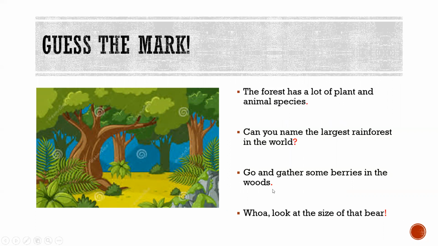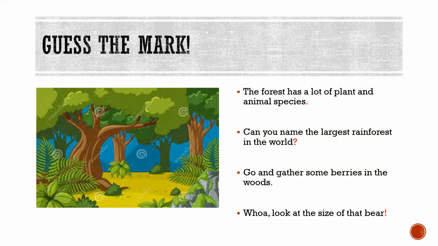The third one is a requesting statement or a command, right? Go and gather some berries in the woods. If it's an imperative statement, you have to use a full stop at the end. Last one: Whoa, look at the size of that bear. It's an exclamation, so you have to use an exclamation mark at the end. Also your clue is the way I read it, right?